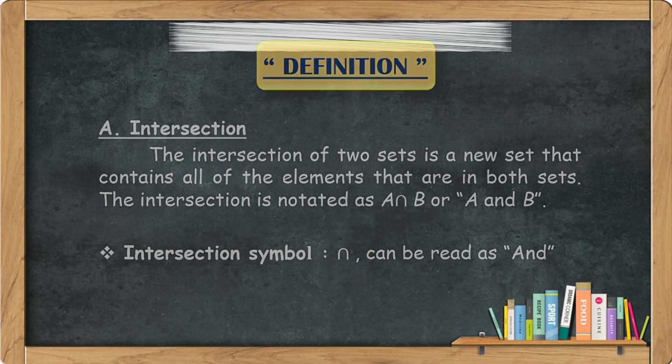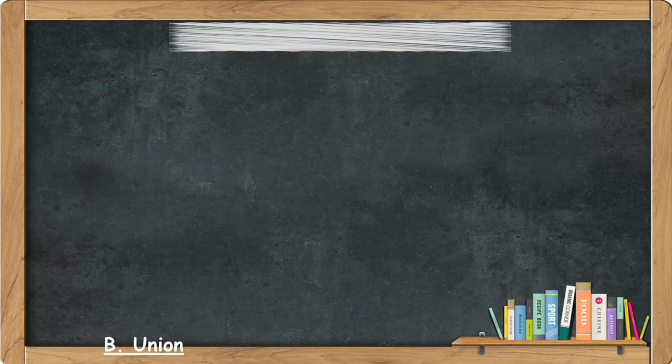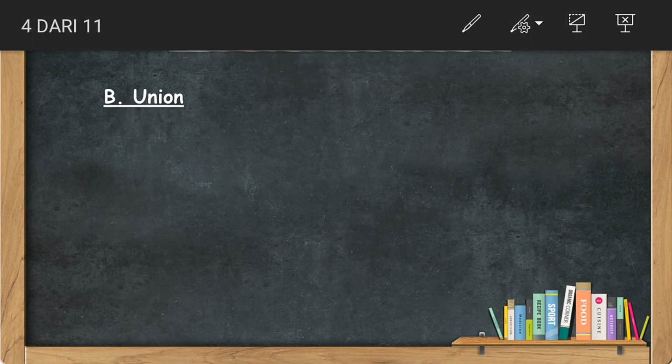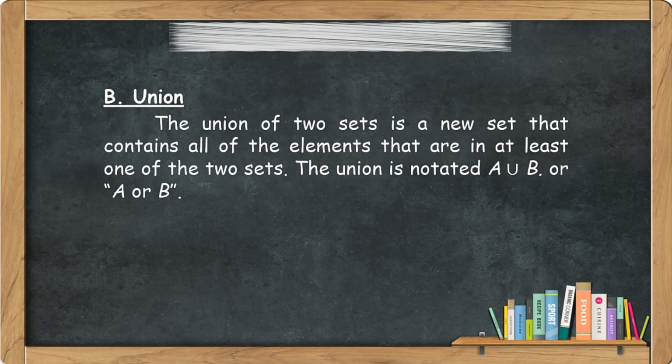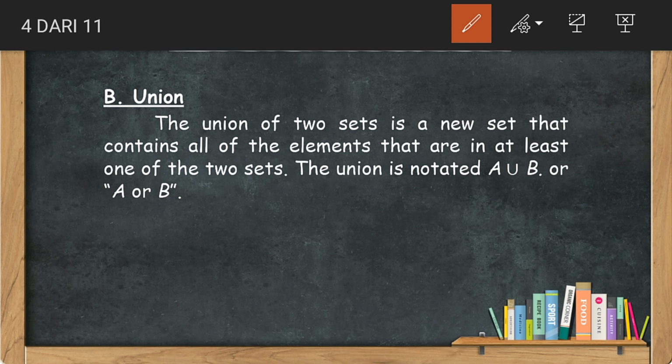Second, union. The union of two sets is a new set that contains all of the elements that are in at least one of the two sets.